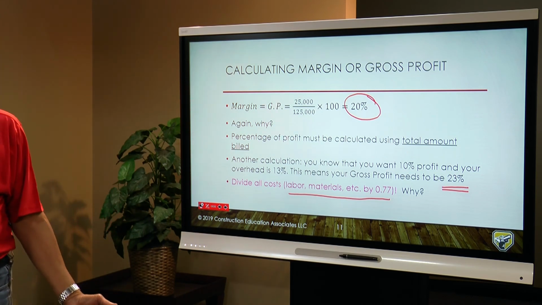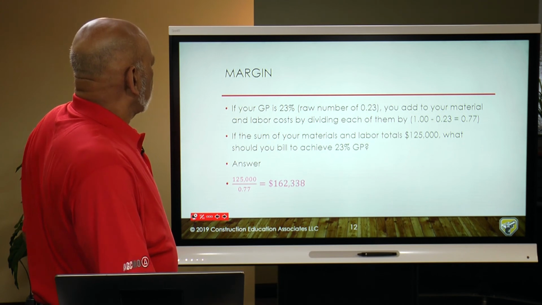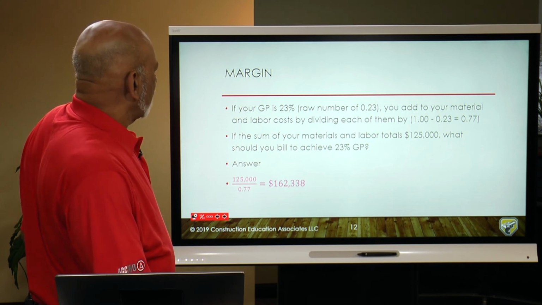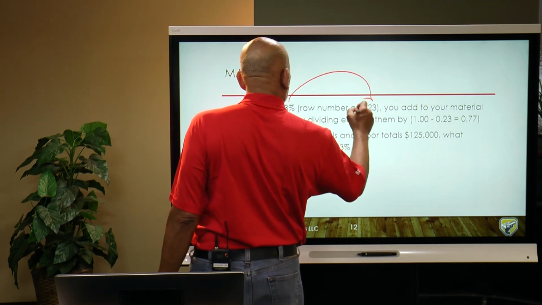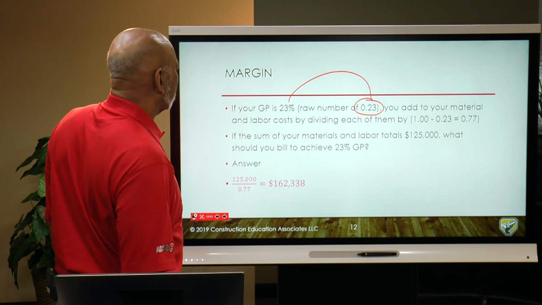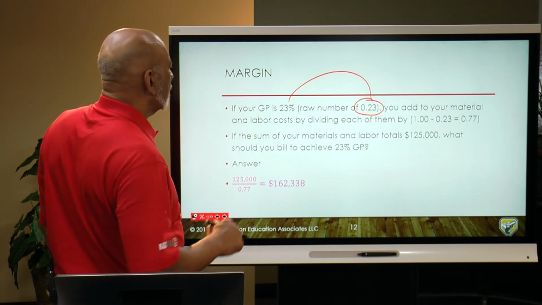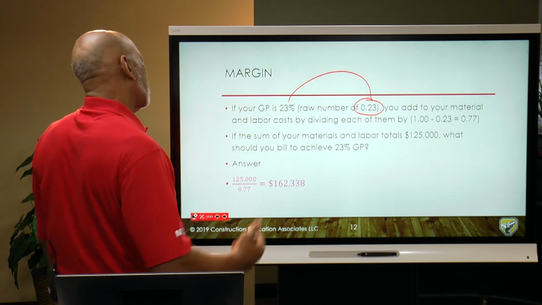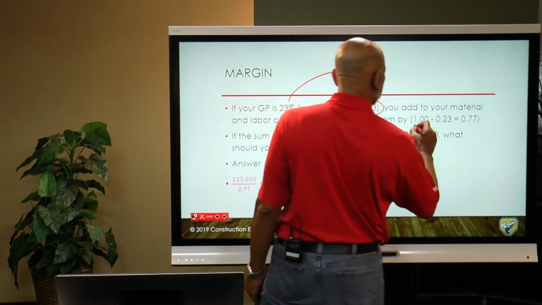Now, where did that number come from? Makes you think a little bit. So if your gross profit is 23%, first of all, recognize that 23% is 0.23. And that's what you have to add to all your material and labor costs. But you do that not by adding, but by dividing by 0.77.